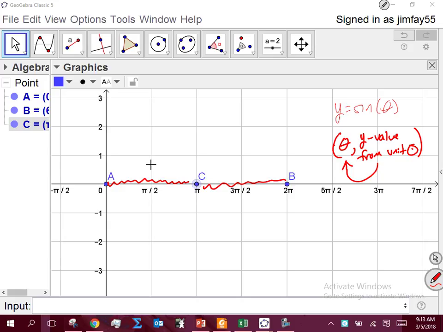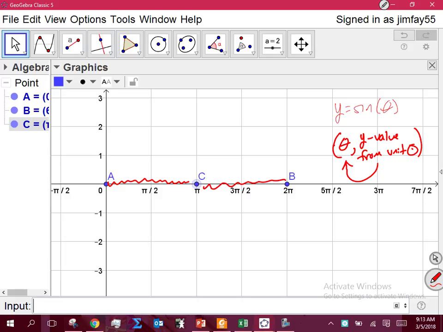So at π/2, what is the y value? Yeah, (π/2, 1). So halfway in between A and C, we go up and find our maximum y value on the whole curve.